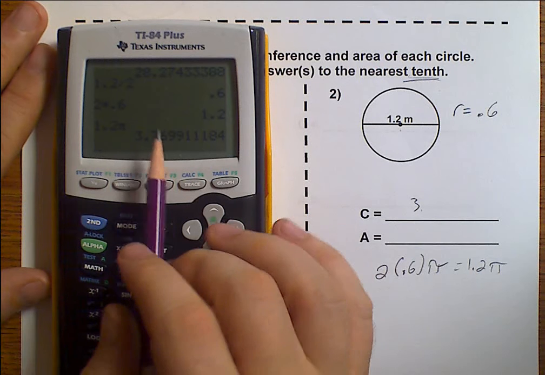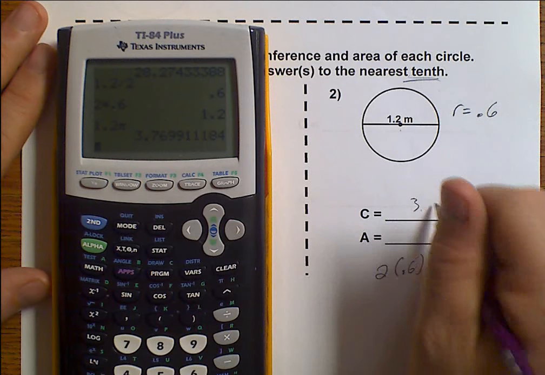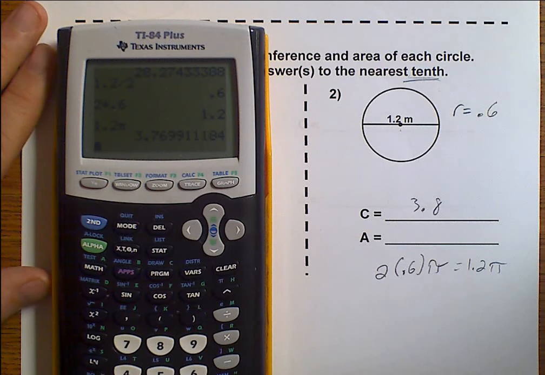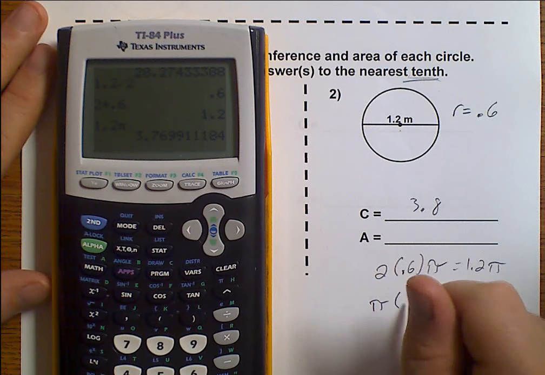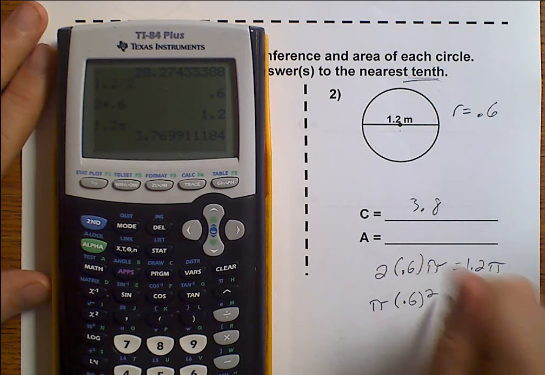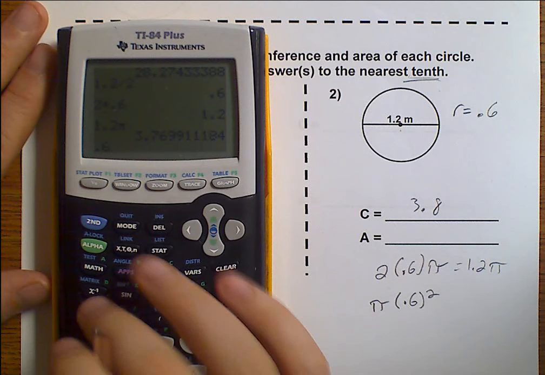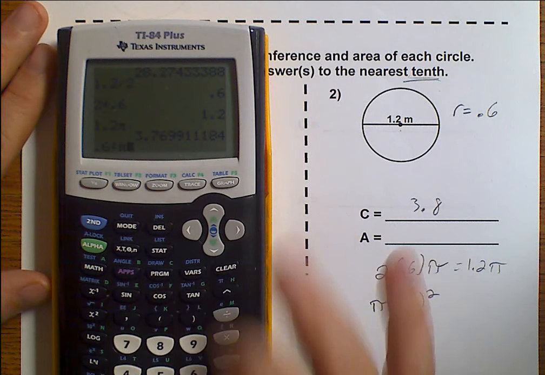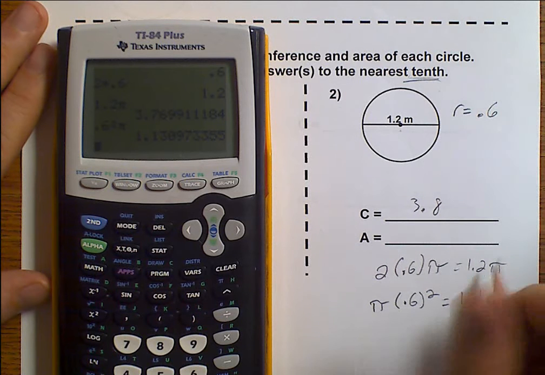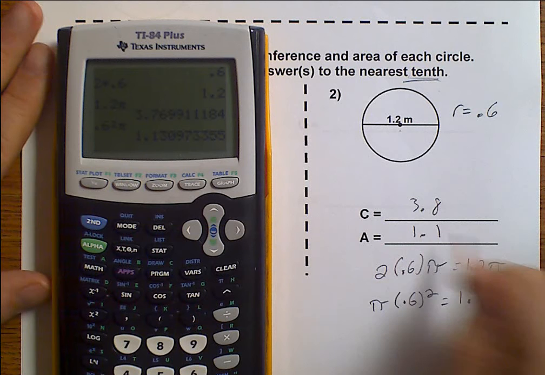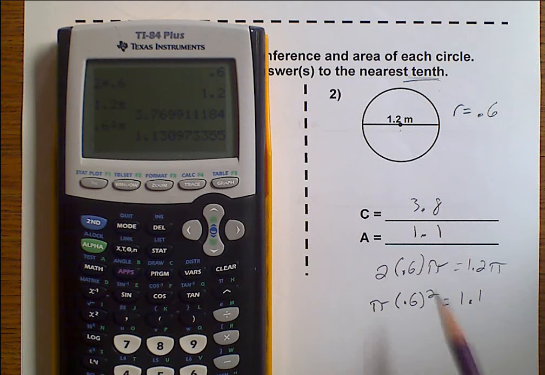Well, 3.76 makes that 3.8. And then for area, it would be pi times my radius of 0.6 squared. So 0.6 squared times pi gives me 1.1. And so now I have circumference and area of a circle.